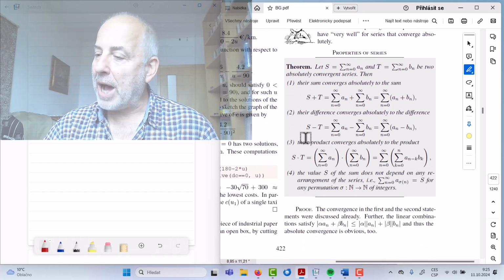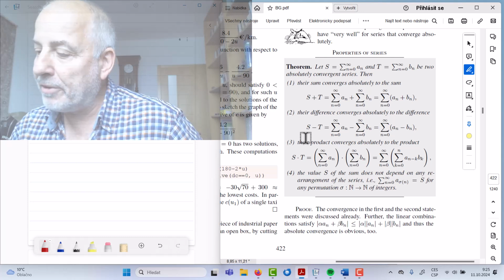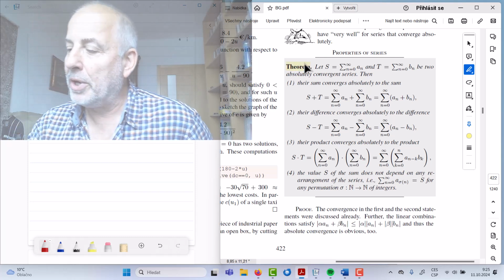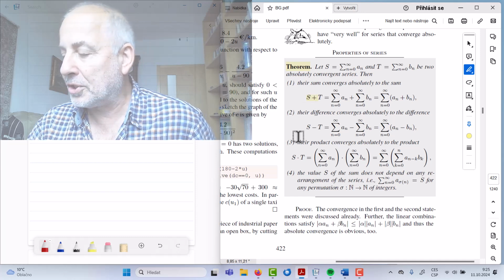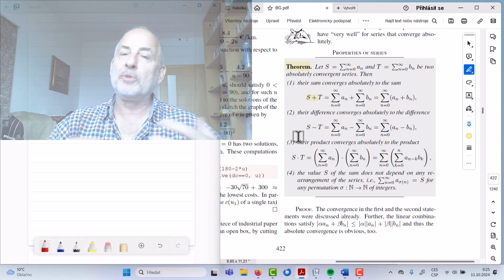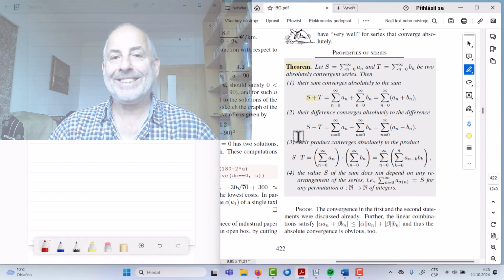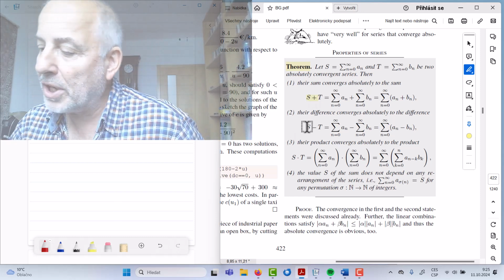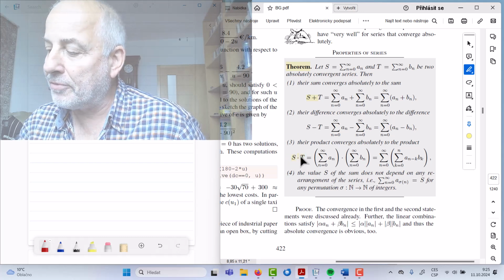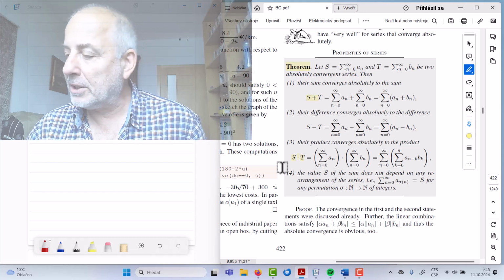And for the absolutely convergent series you have a nice set of properties. So here in the first one it's just what we knew already, but the point is that the addition of two absolutely convergent ones is again absolutely convergent. The same with the difference, but more interestingly it works nicely with the product.